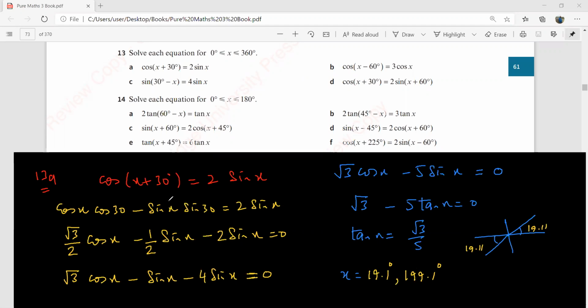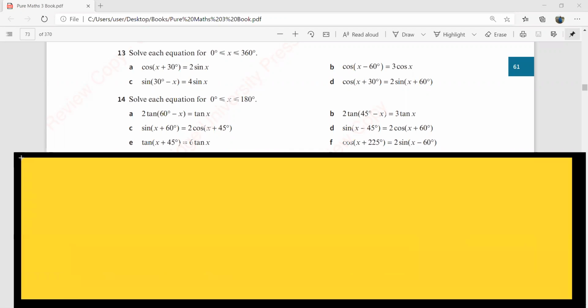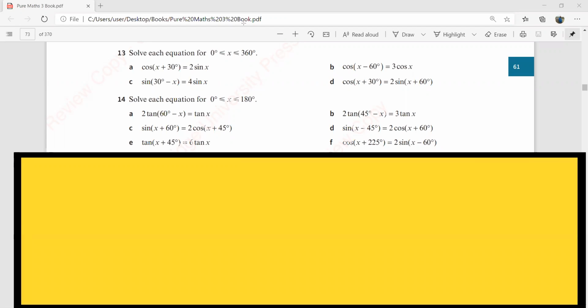Let me do that 14F for you now. This time it is from 0 to 180. 14F is cos(x + 225) equal to 2 sin(x - 60). So the double angle formula is to be applied here.